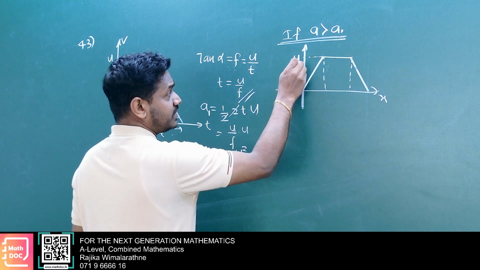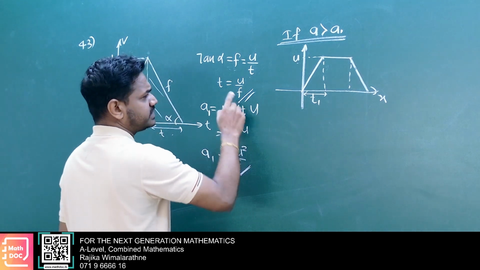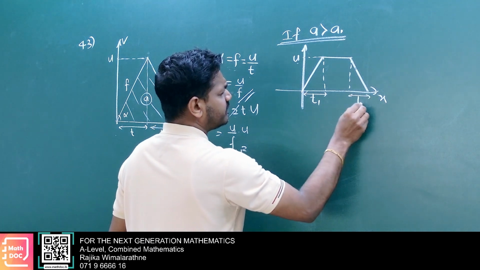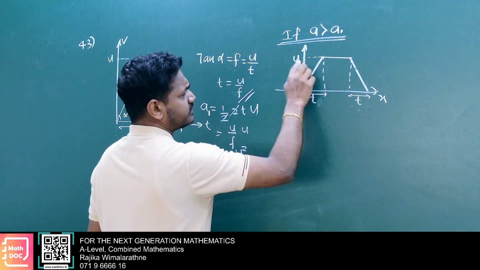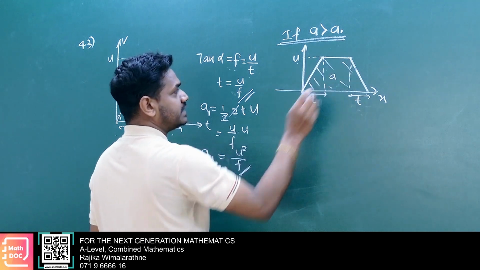So it has to maintain u. Here time t, same time here t. So we have to maintain u for some displacement. Then finally the full displacement is given by this shaded region.